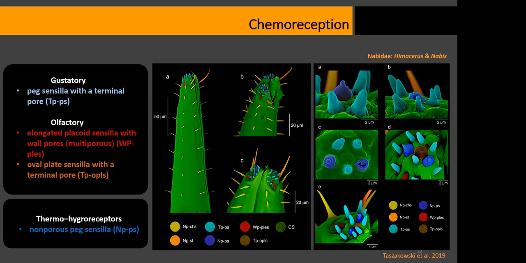In addition, between the gustatory organs, there are 4 sensilla that function as thermo- and hygroreceptors, marked in dark blue. It is noteworthy that the number of chemoreceptors and thermo- and hygroreceptors appears to be a conservative feature in all studied Nabidae. Miridae, as well as individual species from several other families, have the same numerical scheme of these sensilla.